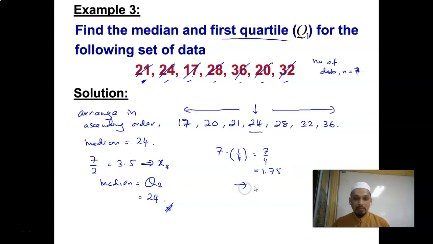So we round up the 1.75 into 2. So the second observation here, this is x1, x2, x3, x4, observation number 5, observation number 6, and then the 7th observation here. So then Q1 equal to this 20.